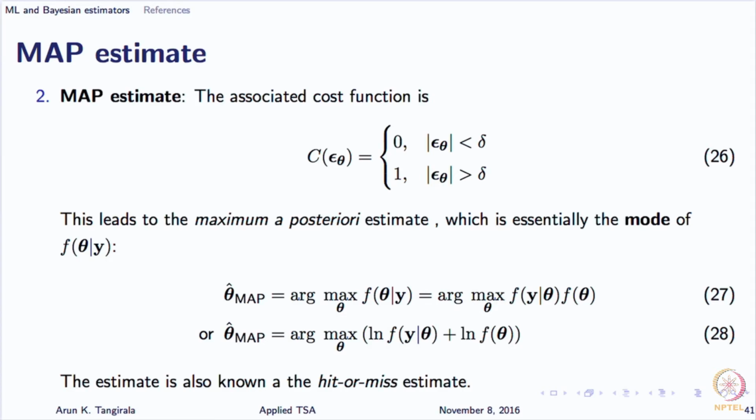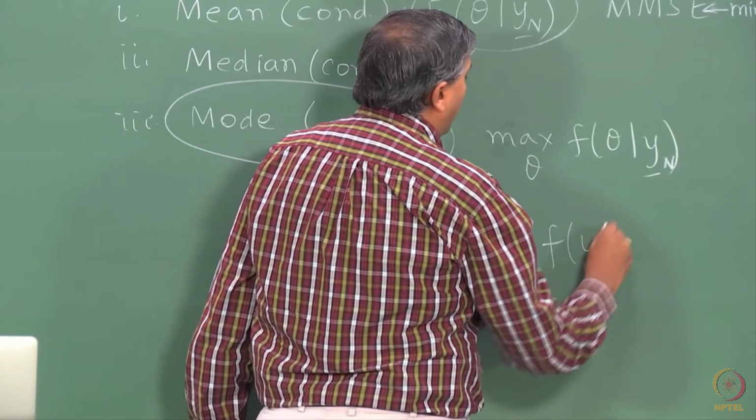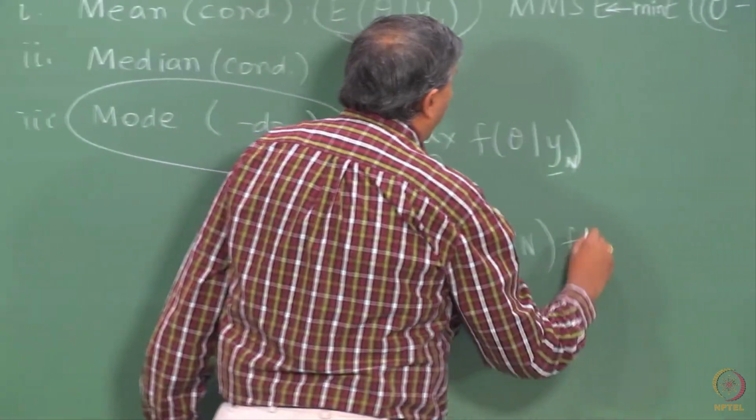So, let me go back to the original expression, where you have the posterior as a function of likelihood times a prior.